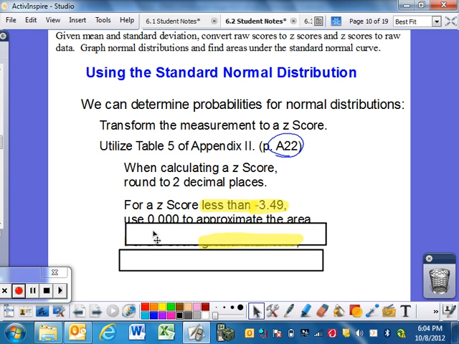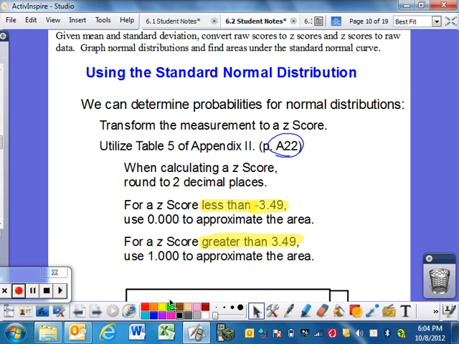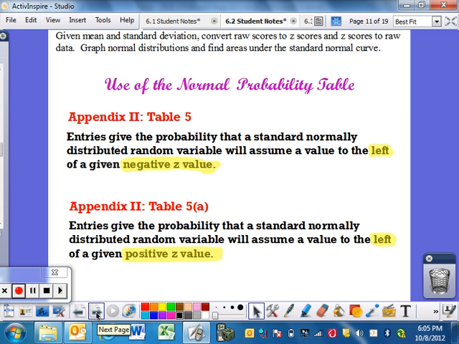Okay, so we always round a z-score to 2 decimal places, and I'll show you why that's important when we get there. If you have a z-score less than negative 3.49, that's the smallest it can go, we presume 0. And if they get a z-score that's greater than it, we use the 1 for approximation. Now why do we do that? Because everything needs to be going to the left.